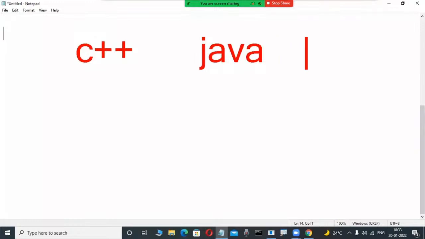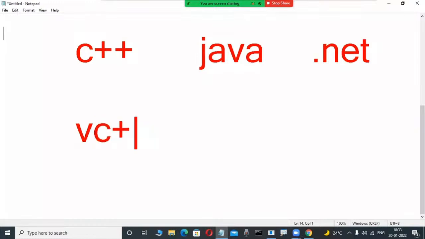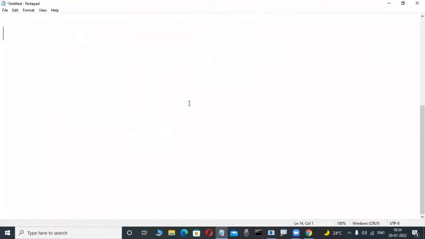C# .NET is an object-oriented language. VC++ is an object-oriented language. So many object-oriented languages exist. Suppose I take two languages as an example, where the same concepts exist, and through that we will observe whether these SQLs are different or the same.